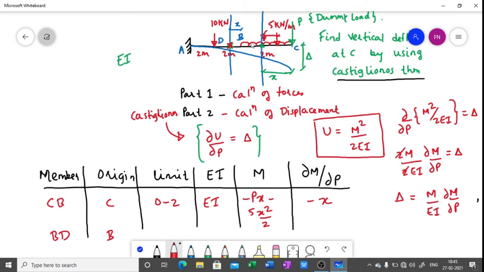P is coming, and the entire UDL is coming. So P into the perpendicular distance, which is 2 plus X.